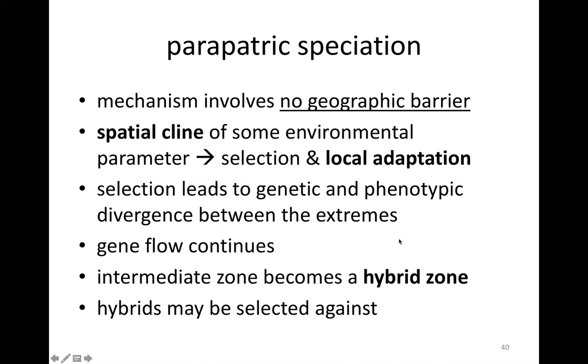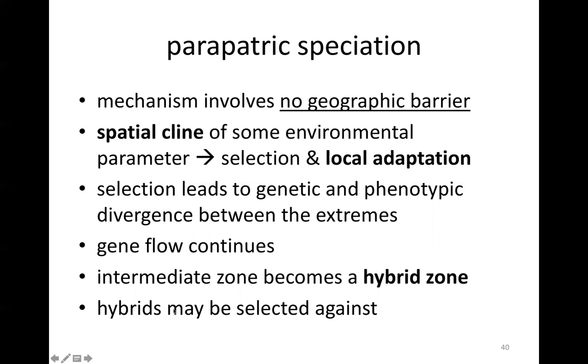So gene flow might be detrimental to local adaptation. This is probably a pretty obvious statement. When there's gene flow from external sources, it will weaken local adaptation. And so you can start having a selection against hybrids.